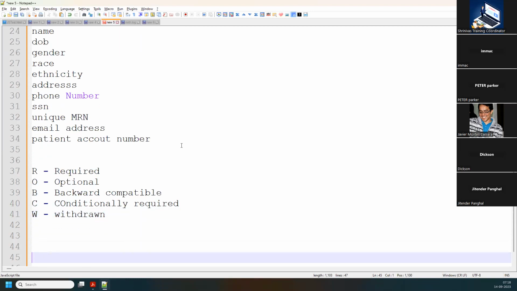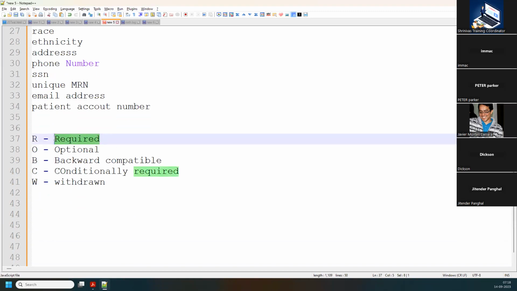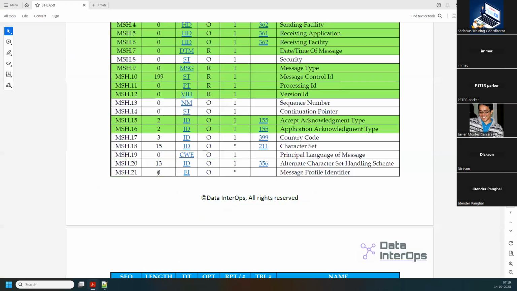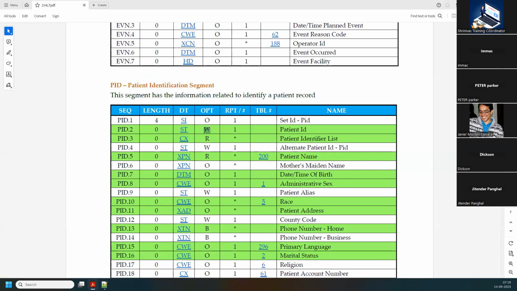So what do they indicate? R says that it's required, and O says that it is optional. Backward compatible is a scenario where you have a field designated as backward compatible if HL7 has decided that we are not going to use that field anymore. So if you look at this PID segment, here you have PID2 and PID4 as W, which is withdrawn.